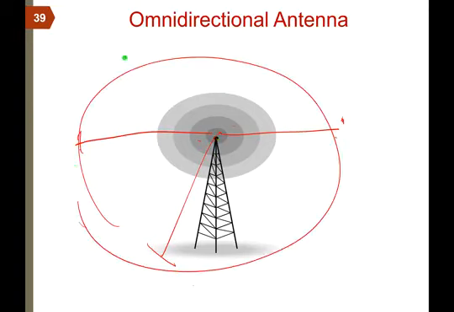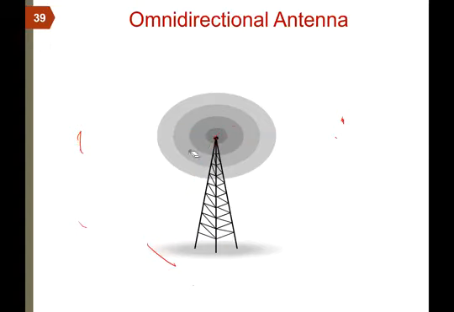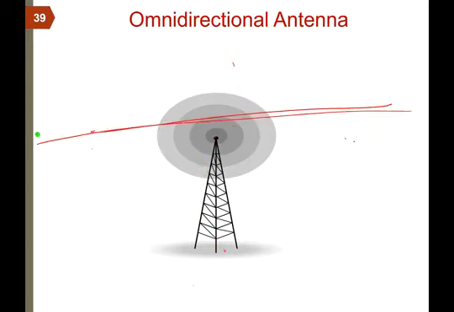This is called omnidirectional. The signal will be the same when you are at the same distance from the antenna. Of course, we are speaking about the horizontal plane, not the vertical plane.